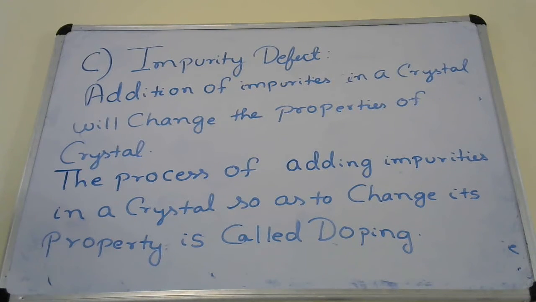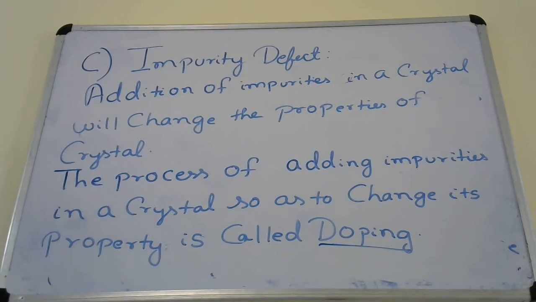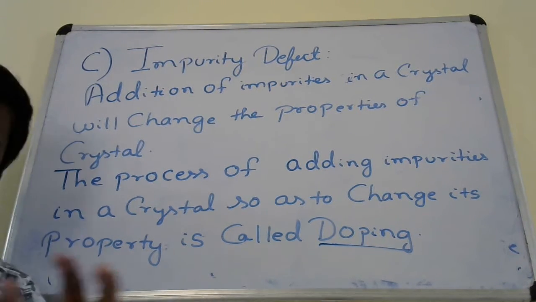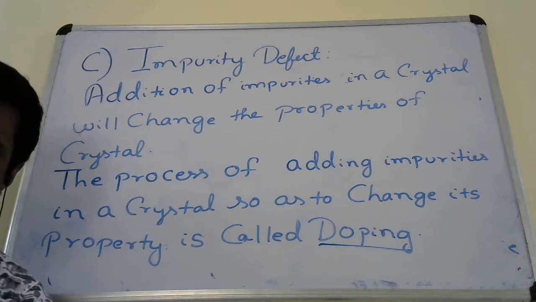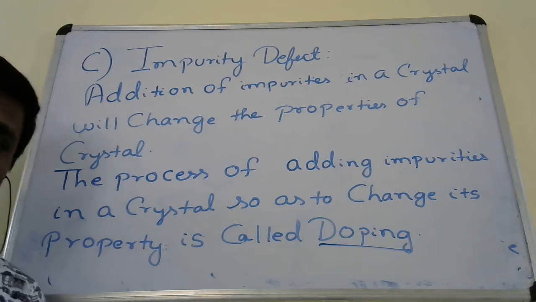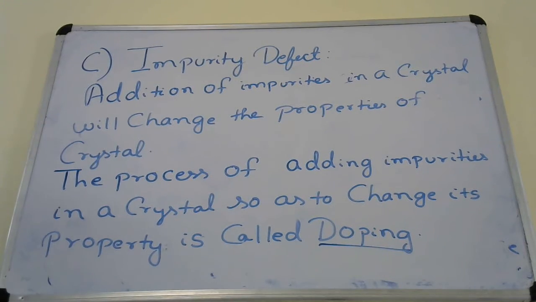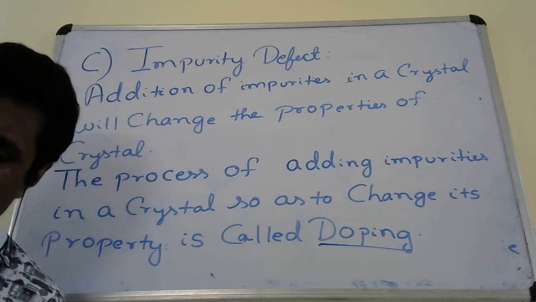The process of adding impurities in a crystal so as to change its properties is called doping. When we are adding a foreign atom, an outside atom, in a crystal, why do we add it? To change the property of the crystal. So this process of adding the impurity is called doping.